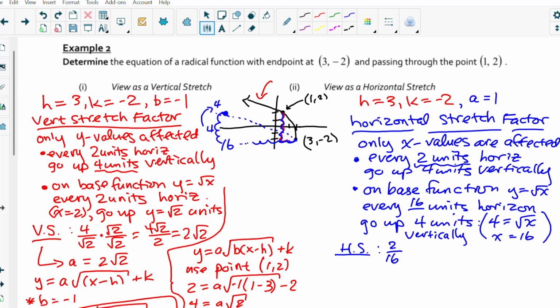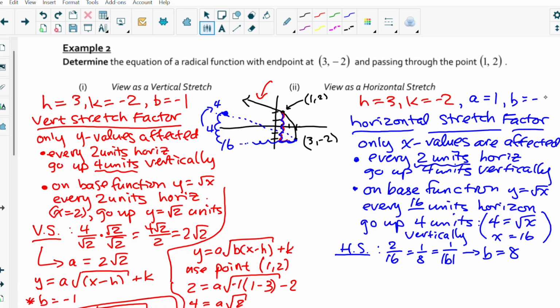So the ratio is 2 to 16 for the horizontal component, and so the factor is 1/8. And if I make that equal to 1 over the absolute value of b, my b value equals 8.